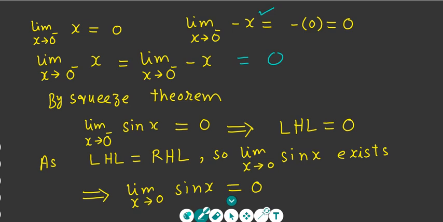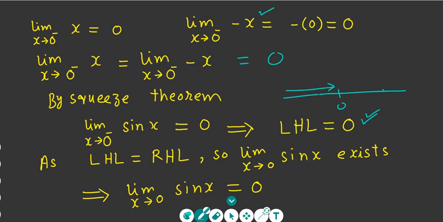So in this case, as we approach 0 from the left hand side, we have calculated the left hand limit of the function, which is equal to 0. Our left hand limit is equal to the right hand limit.